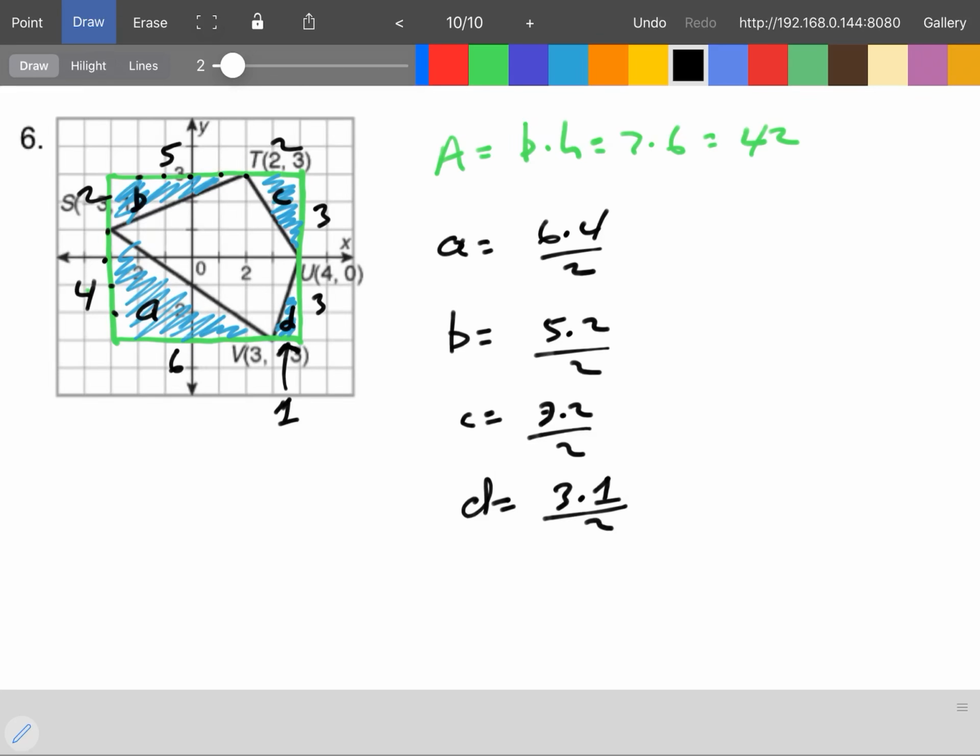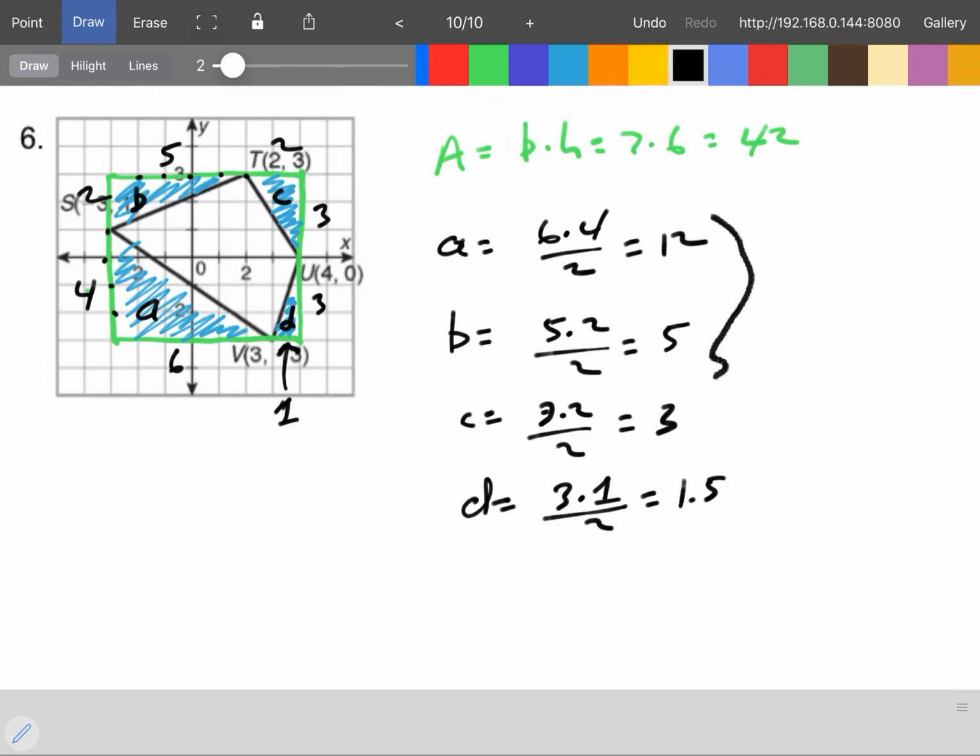So if I work these out, for the little triangle lowercase a, I got 24 divided by 2, that's 12. For triangle B, I got 10 divided by 2, that's 5. For triangle C, I got 6 divided by 2, that's 3. And for triangle D, I got 3 divided by 2, and that's 1.5.